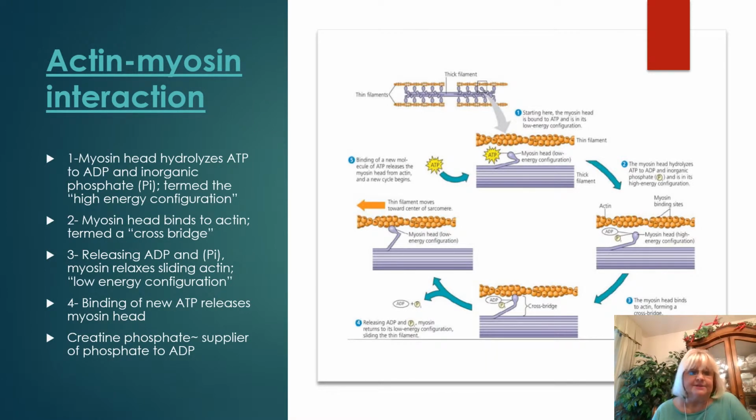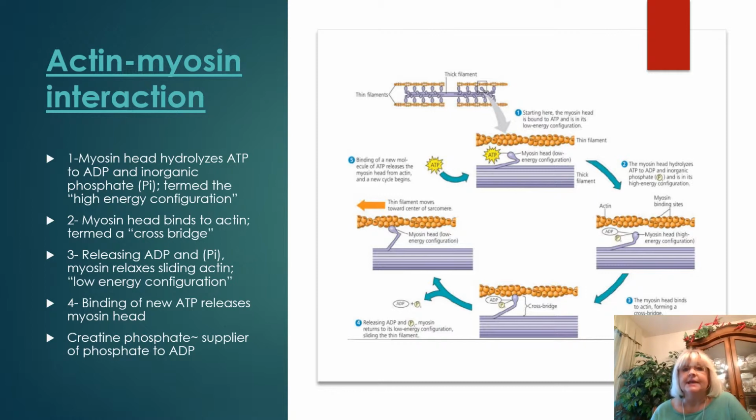The actin-myosin interaction. The myosin head hydrolyzes ATP to ADP and inorganic phosphate. This is called the high energy configuration. The myosin head will bind to the actin, and this is a cross bridge.